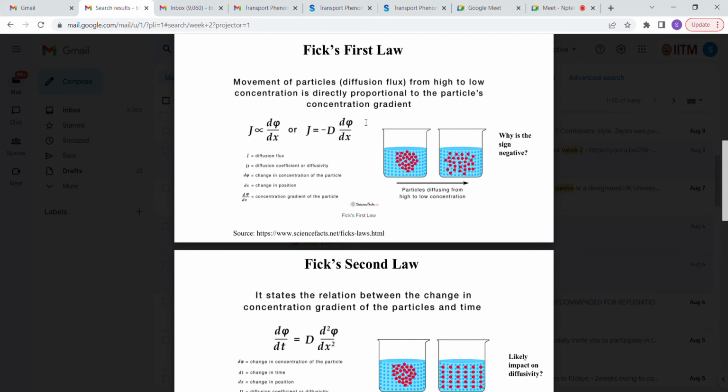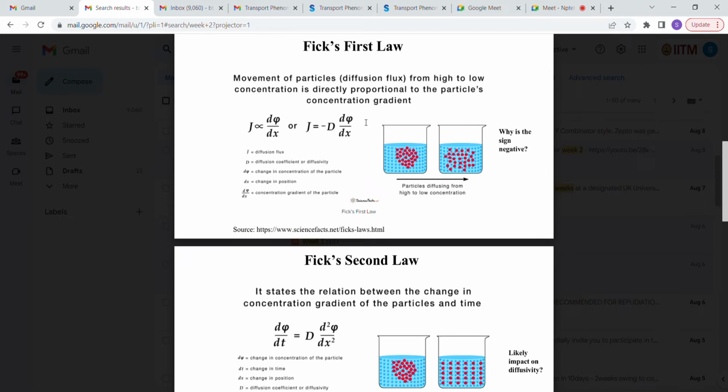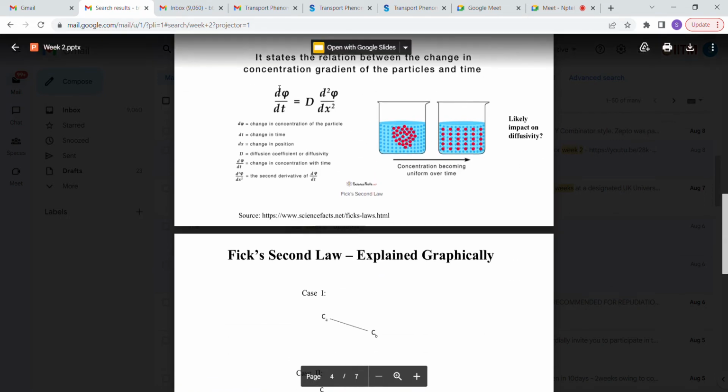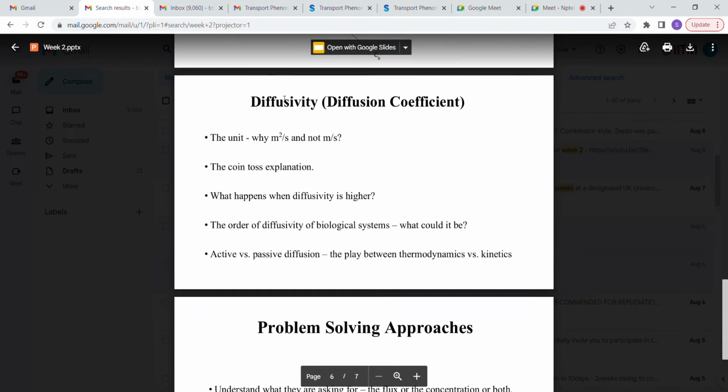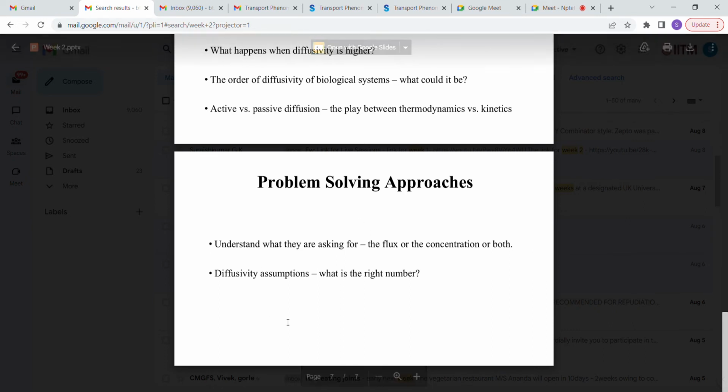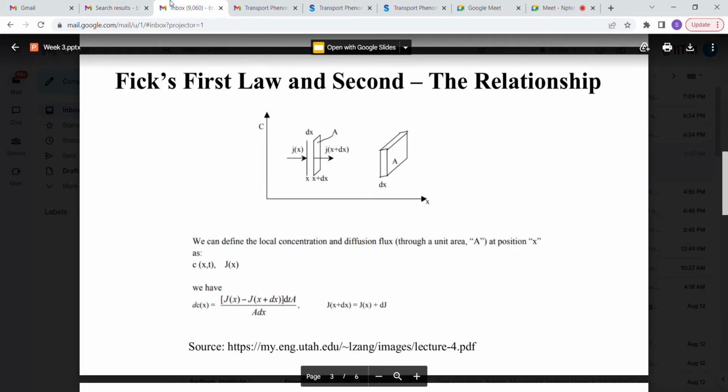And the second law, we saw the equation, which we will be deriving soon. And we also saw some problem solving approaches, and the problems that we are going to discuss are pretty simple if you have seen all the previous slides and have done your work in terms of the NPTEL lectures.